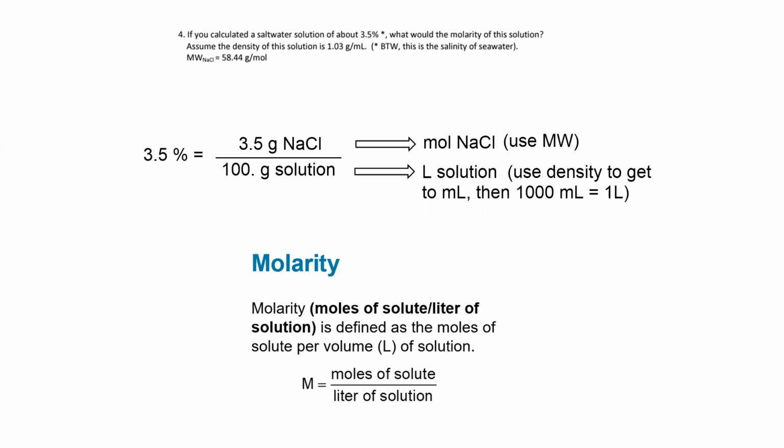Again, we're going to start with 3.5%, which can be expressed as 3.5 grams of sodium chloride over 100 grams of solution. We're going to use the molecular weight, or molar mass, to get to moles of sodium chloride in the numerator. Then we're going to use the density followed by a milliliters to liters conversion to get from grams of solution to liters of solution.